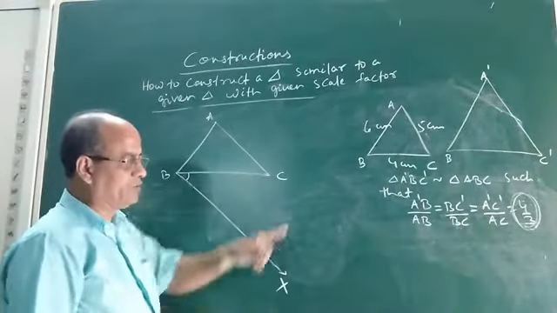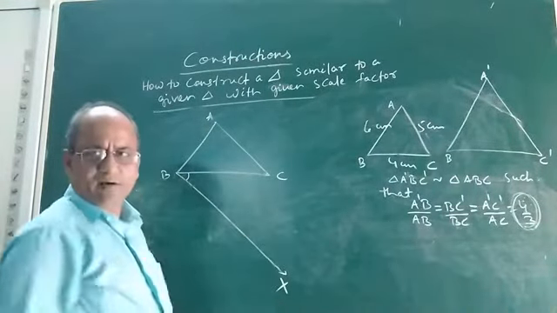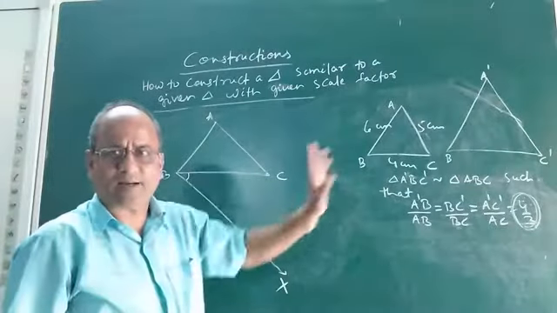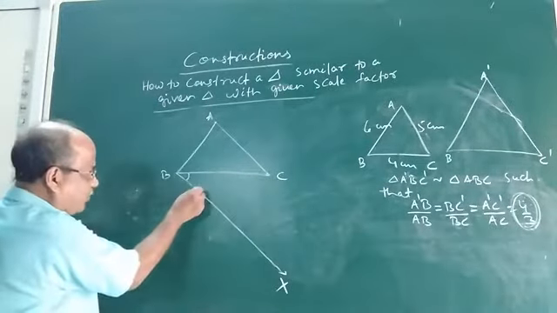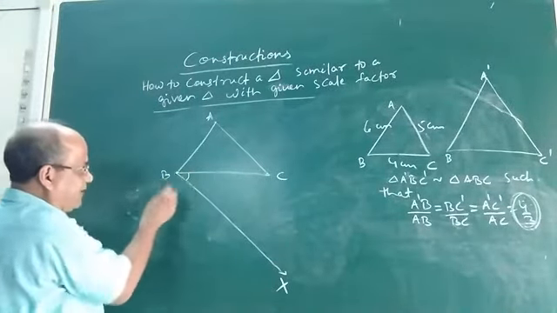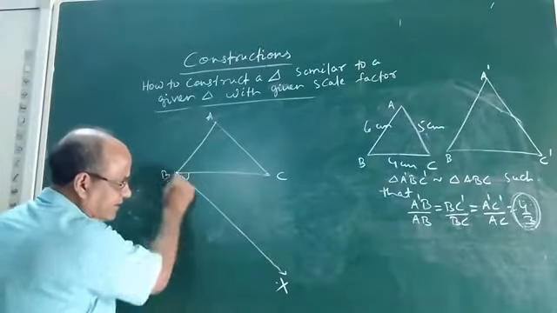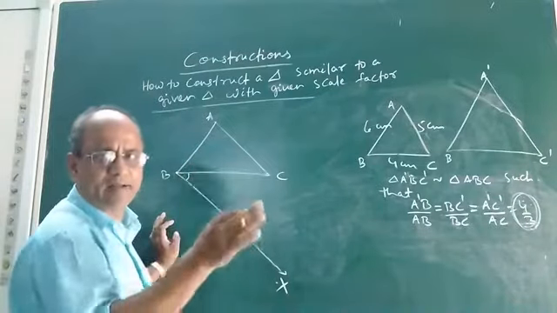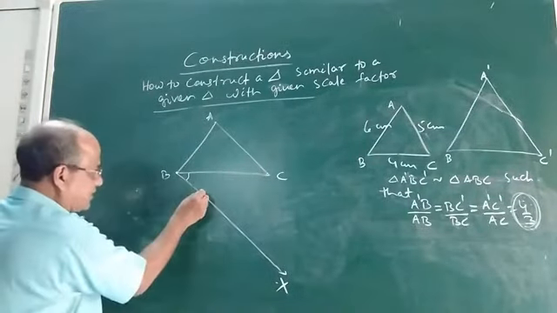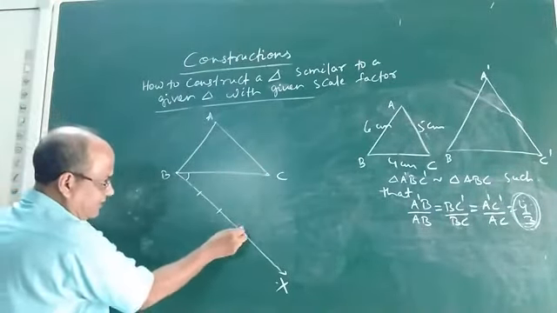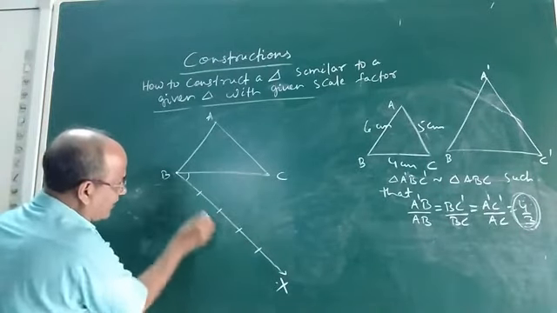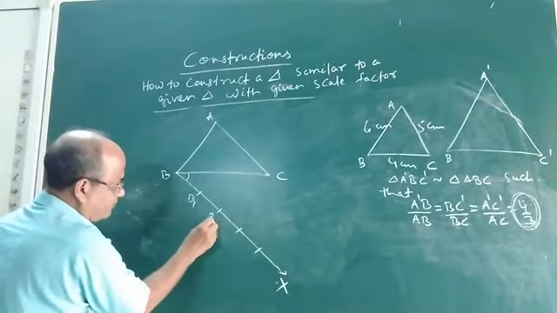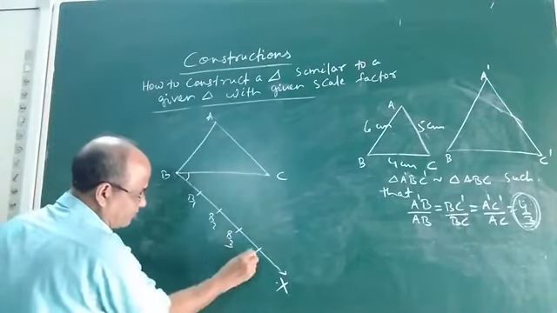Now what you will do? What is the scale factor? It is 4 by 3 and the greater part is 4. So first you take 4 equal arcs starting from B. That means divide the ray BX into 4 equal parts by taking equal arcs. This is one part, second part, third part and fourth part. Name these points B1, B2, B3, B4.